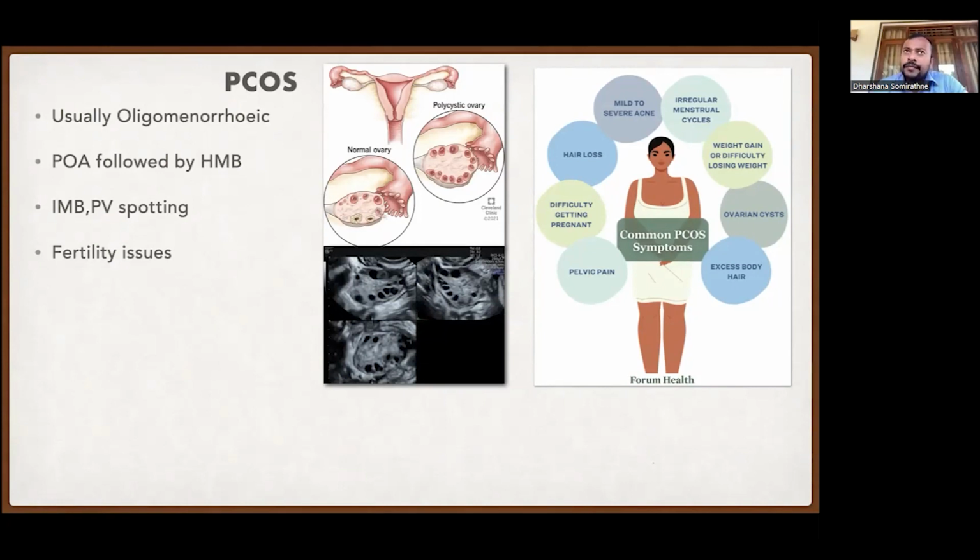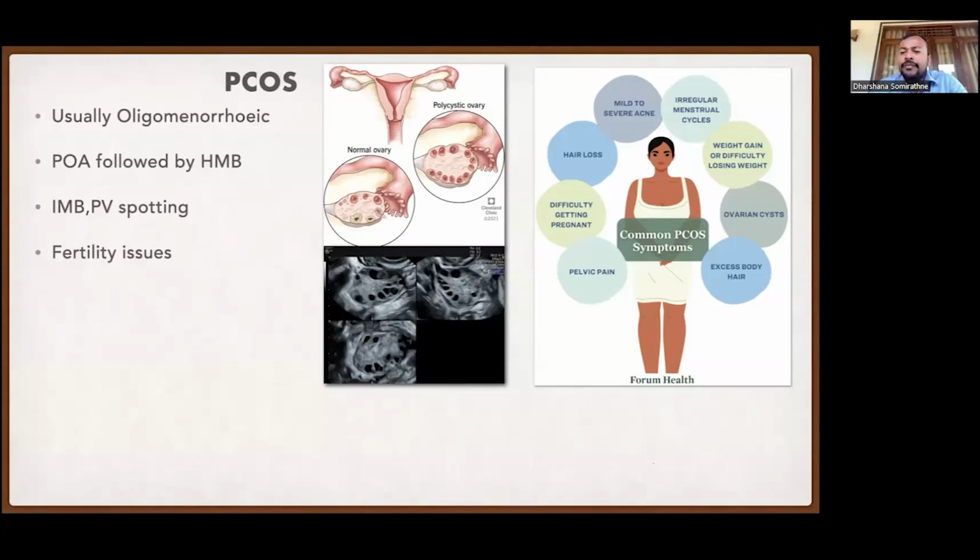If someone has acne on the face, I would suggest starting preparations like Diane 35. I'm not promoting any brands, but Diane 35 is a good one, and Yasmin is also a good combined oral contraceptive pill that definitely reduces acne and other symptoms.